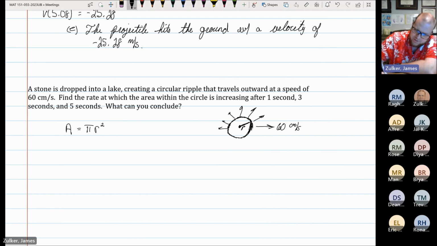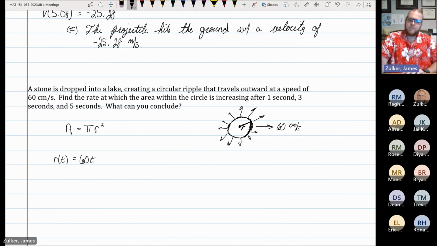Right, so that's in all directions. That specifically means, of course, that the radius is increasing by 60 centimeters every second. That allows us to say that the radius is 60 t.